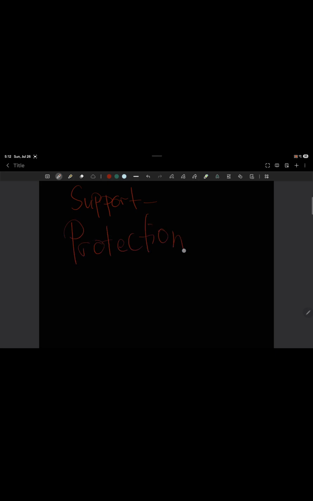What do you mean, protection? Our bones protect our organs, such as the thoracic cage, our ribs. The ribs protect our heart and our lungs. Then next, it allows movement.